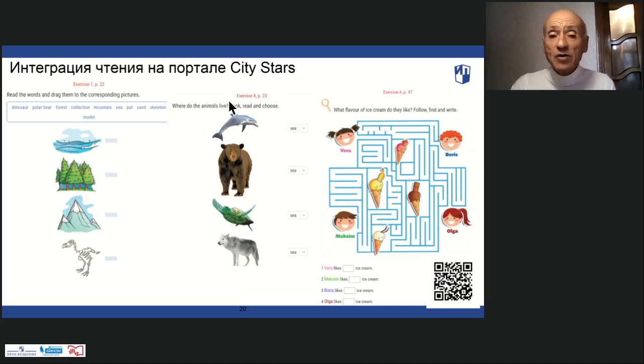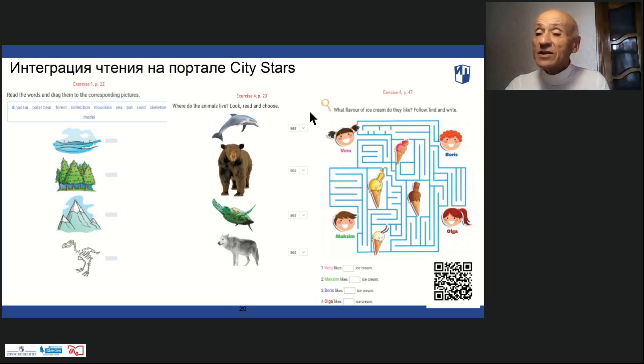Or where do the animals live? Look, read, and choose. And we choose the place where the animals live. And this is an exercise that trains learners' attention. What flavor of ice cream do these children like? Follow, find, and write.